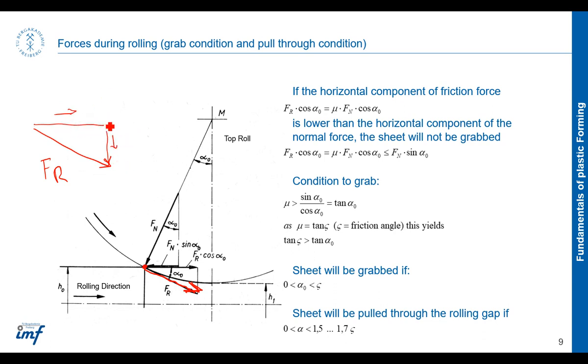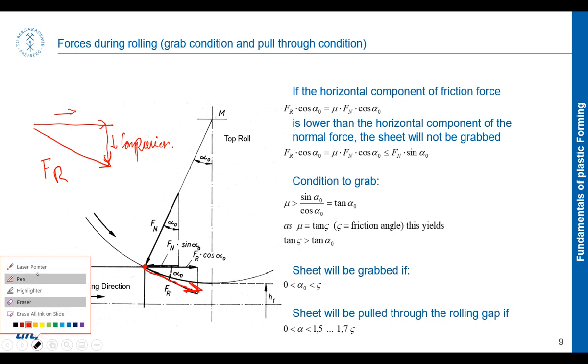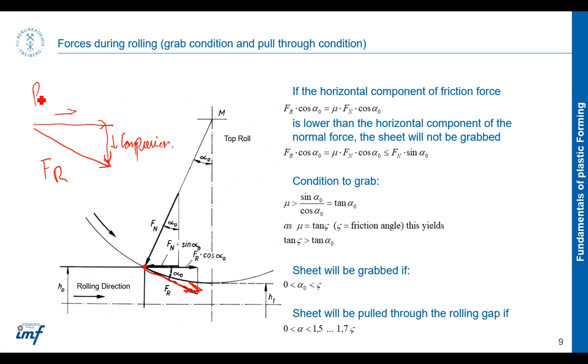This horizontal component is responsible for rolling, and this vertical component is responsible for compression. Or I can say that this horizontal component is responsible for pulling the sheet through.